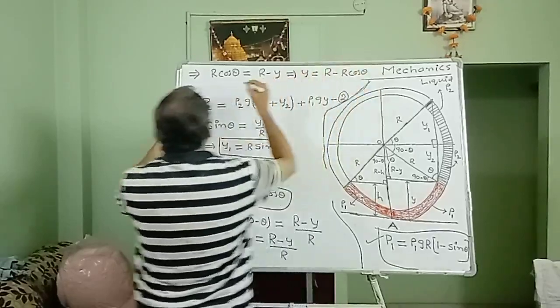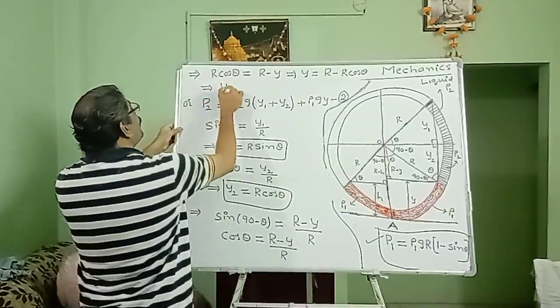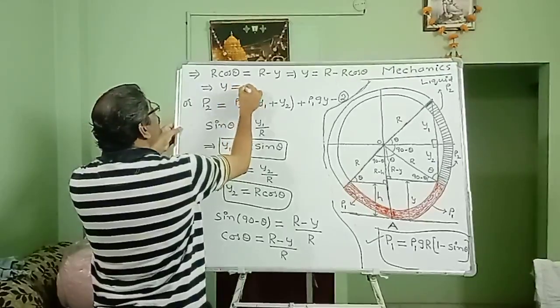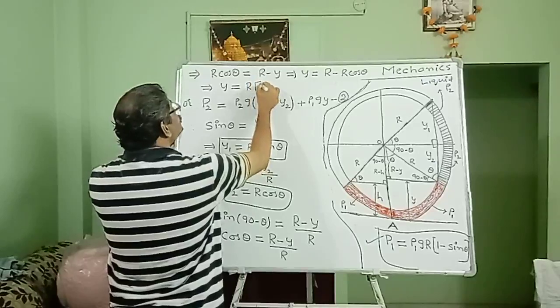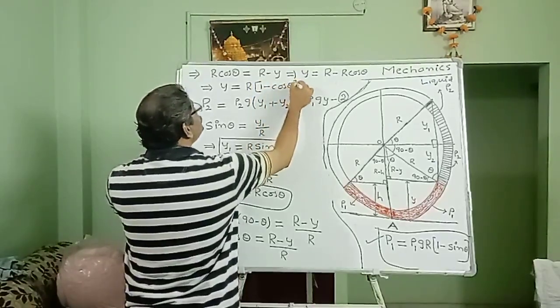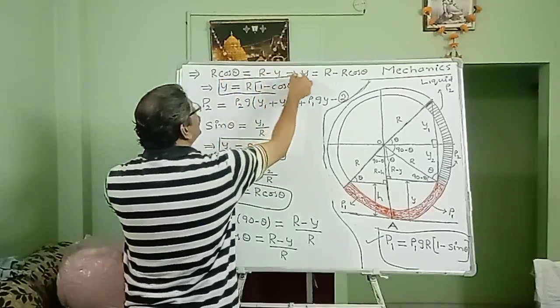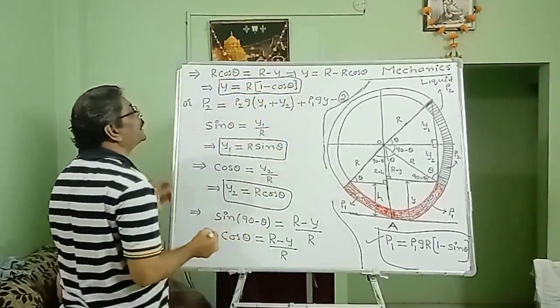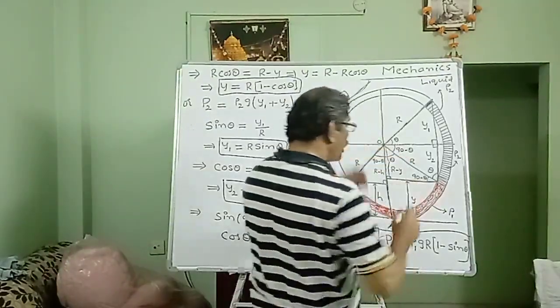If I take r common, y will be numerically equal to r times 1 minus cos theta. That will be the value of y.